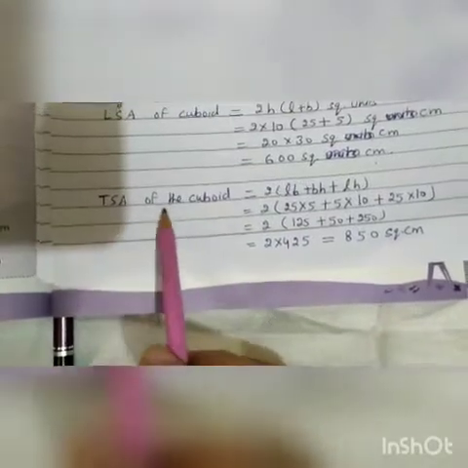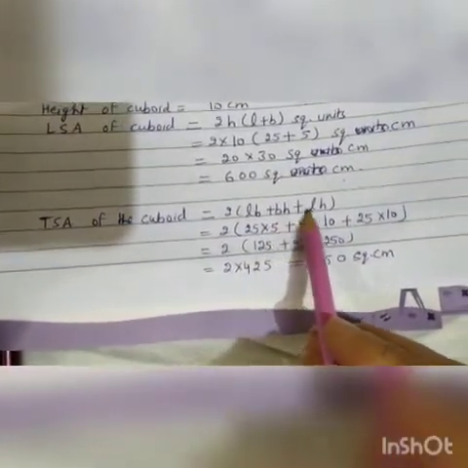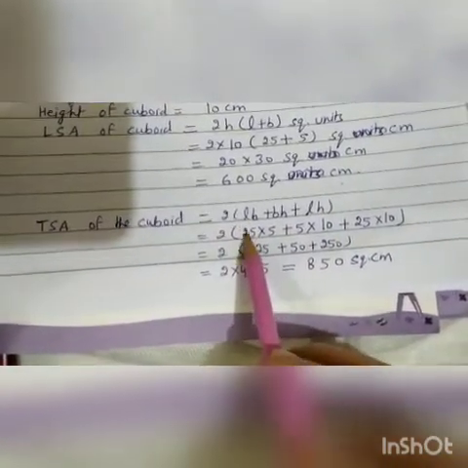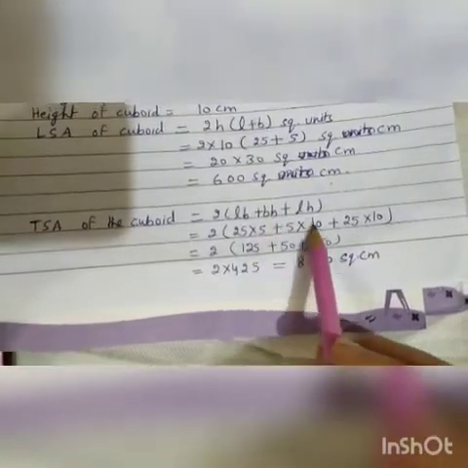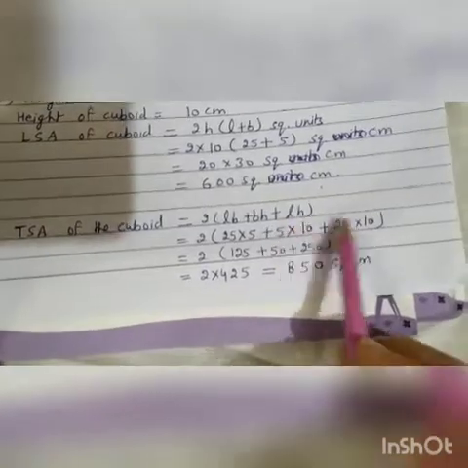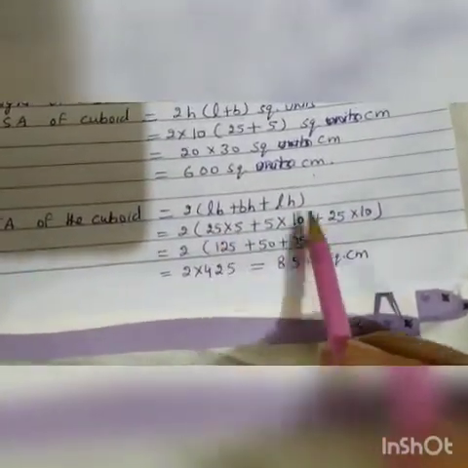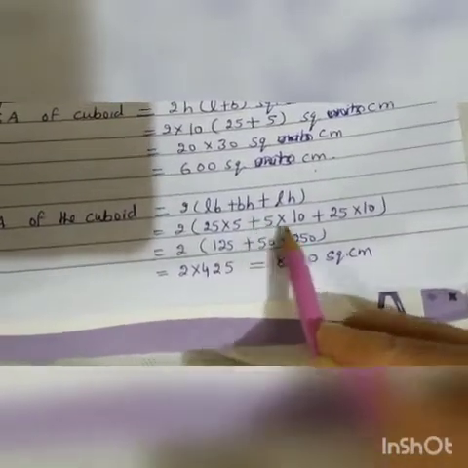Now total surface area of the cuboid is 2 into (LB plus BH plus LH). 2 into L is 25, B is 5, plus, then B is 5, H is 10, plus, then L is 25, H is 10. Again be careful when you write here. Students write multiply here also in place of this plus.